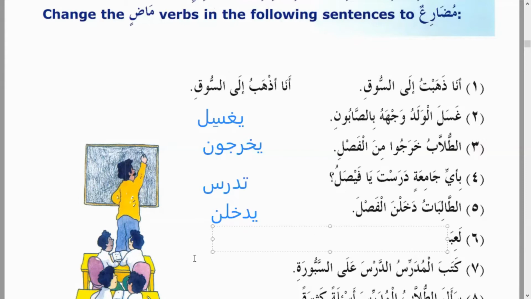And now because it is singular girl, ta should come. Right? This is only an exception. Generally, ta will come only when you're speaking to someone. But for one girl and two girls, ta will come. تلعب آمنة مع أختها.